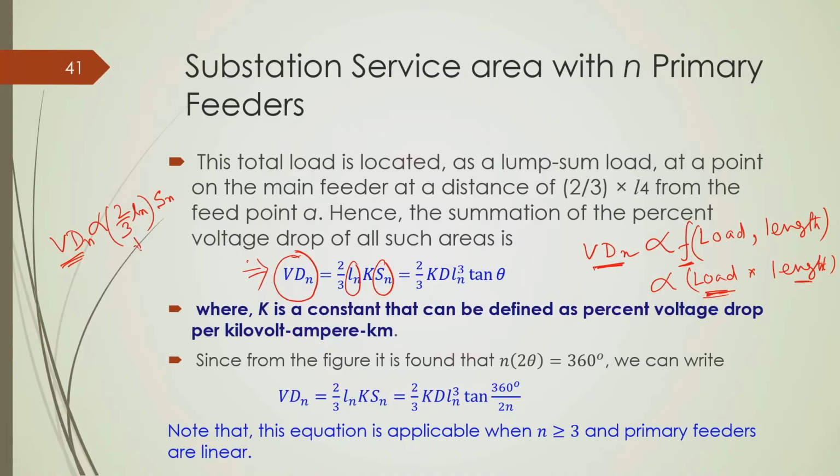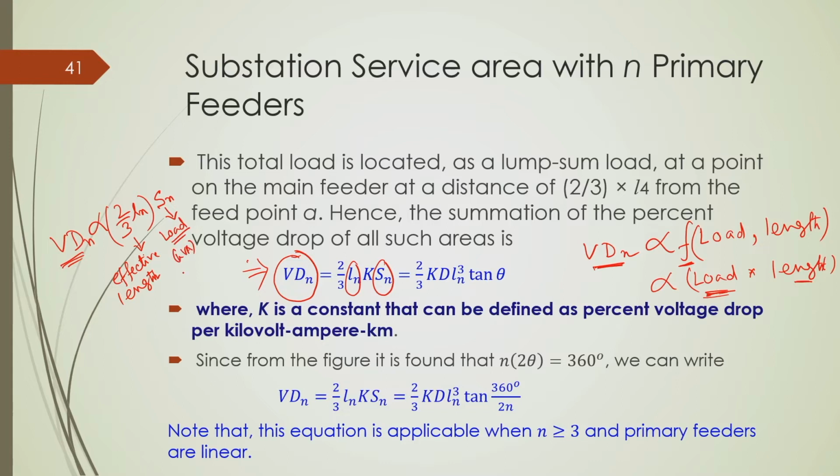Here we consider this consumption as Sn, which is basically the volt ampere consumption of the load. So, Vdn is proportional to 2/3 Ln, the effective length, and Sn represents the load in kVA, kilovolt ampere.